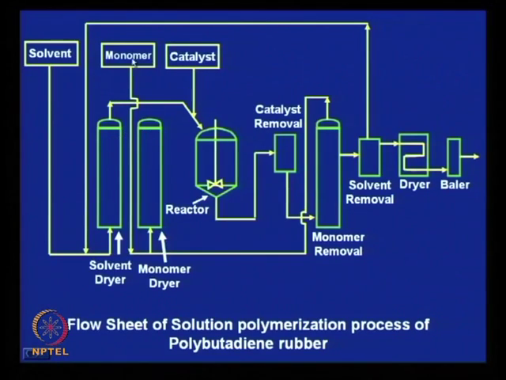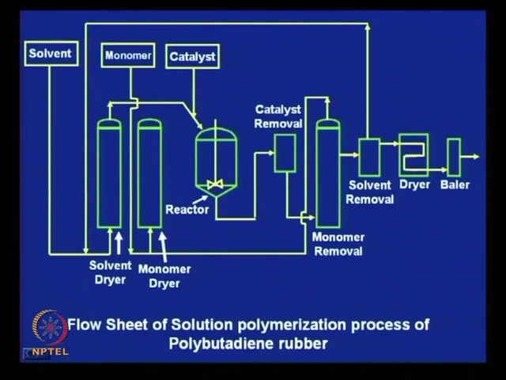Then monomer is fed through another dryer. So, monomer and solvent are first dried to remove water, because you have seen if this polymerization is carried out by anionic polymerization, so they need the solvents and the monomers need to be perfectly dried. Trace of water will cause problems in anionic polymerization. So, after the drying, that is fed to the reactor.